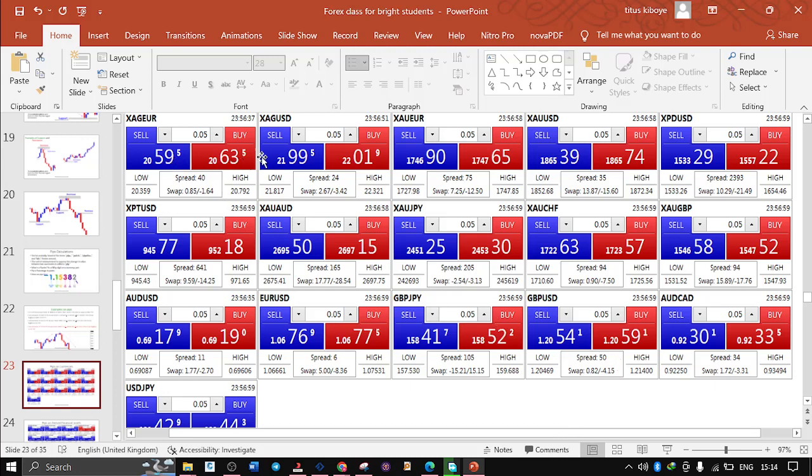Then when we come to the next, which is XAGUSD, 21995. The 5 is a pipet. Then the first 9 is a pip. Then the next 9, those are dollars.